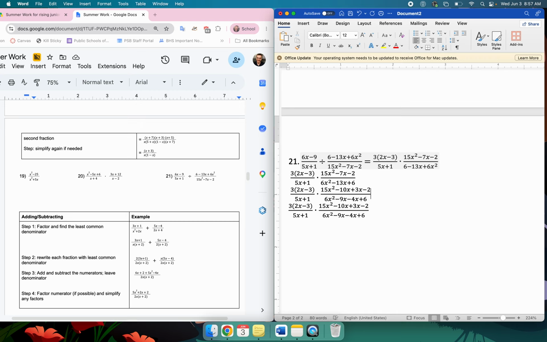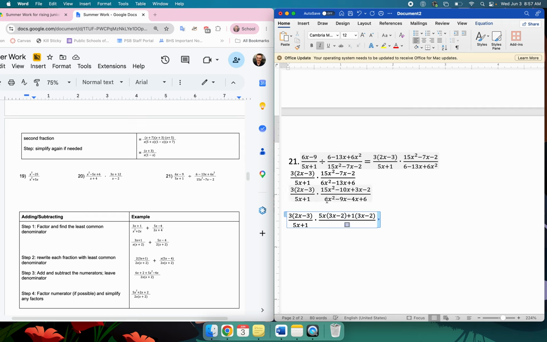As usual, I'm going to pull out the GCF from these two guys. So the GCF there is 5x. That leaves me with 3x minus 2. And I'll pull out the GCF from these two guys. There actually is no GCF, so the GCF is 1. You can always pull out a 1. Plus 1 times 3x minus 2.